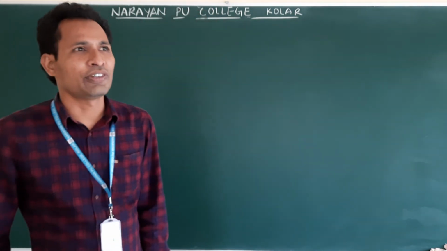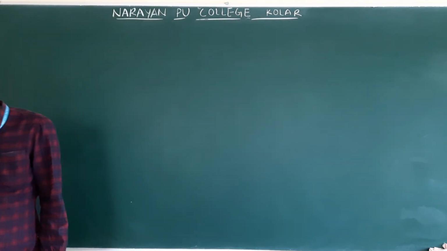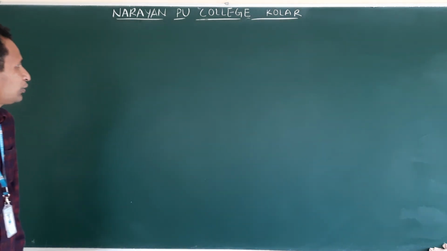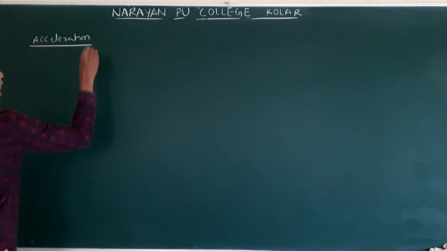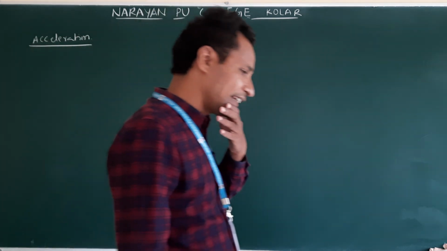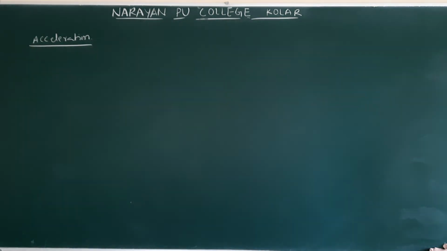Okay. Now today we shall have acceleration. Now we will see acceleration vector. So what we completed, velocity and average velocity completed. Now acceleration. Again in this we have two accelerations, average acceleration and instantaneous acceleration.